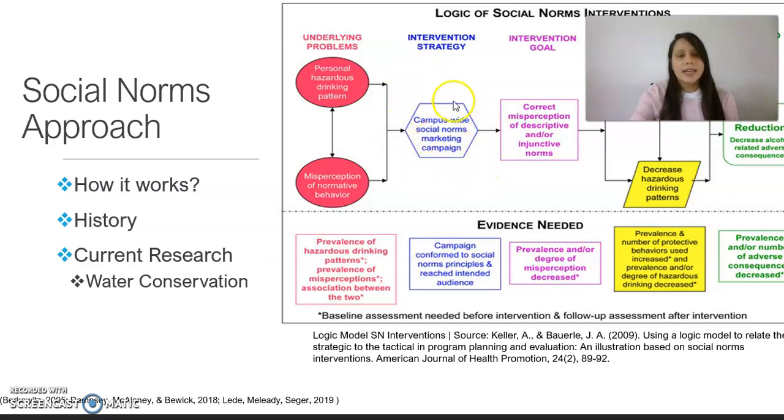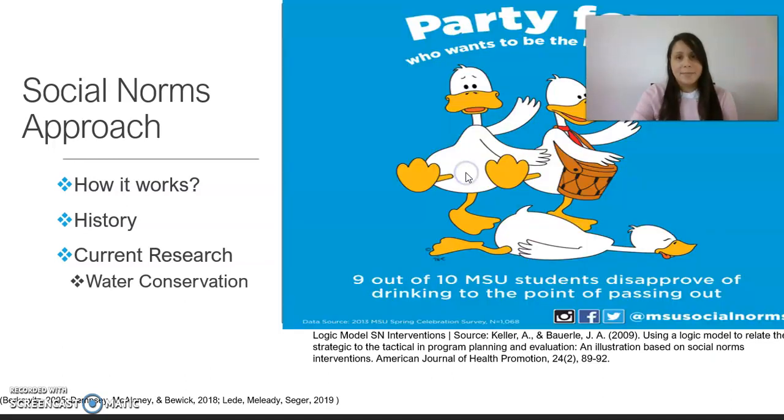This would often be a campus-wide social norms marketing campaign. The idea behind this campaign was to correct the misperception with the use of a descriptive or an injunctive norm. This is a fantastic example of a social norms campaign being implemented. This campaign was done at Michigan State University.